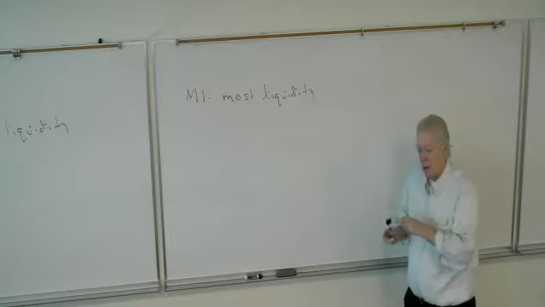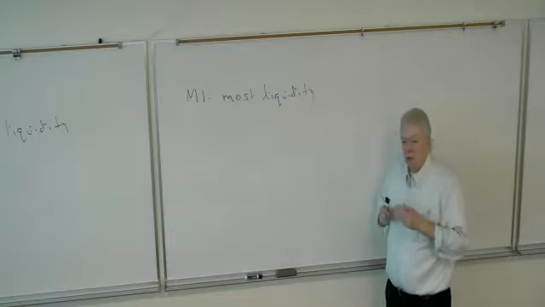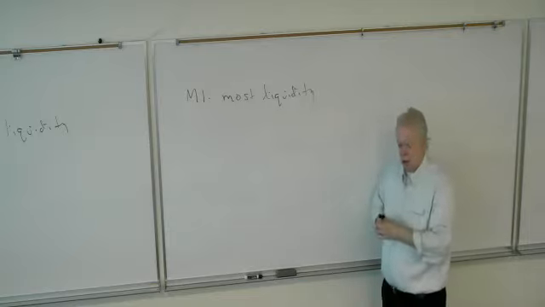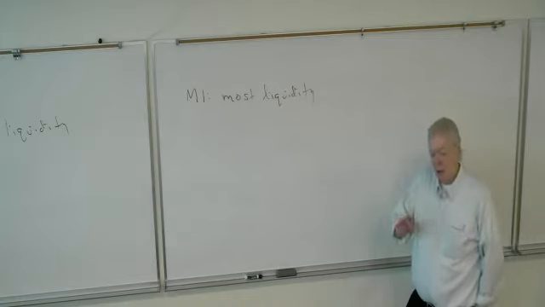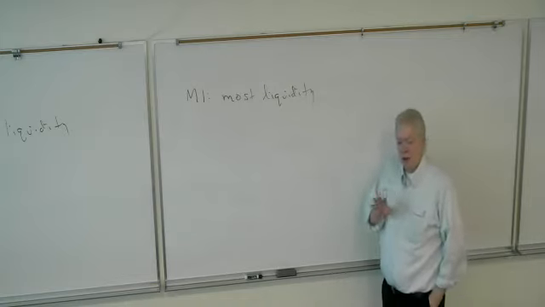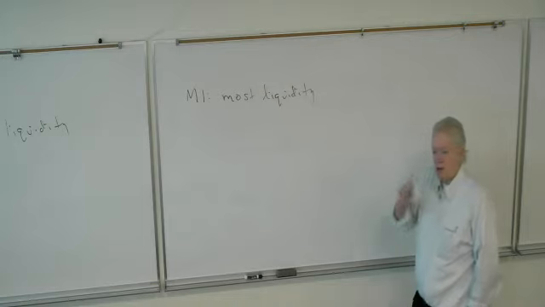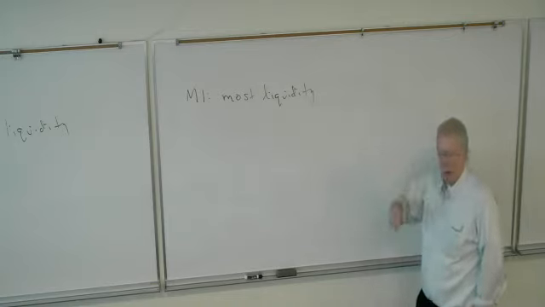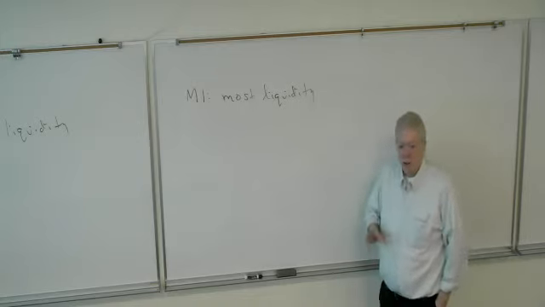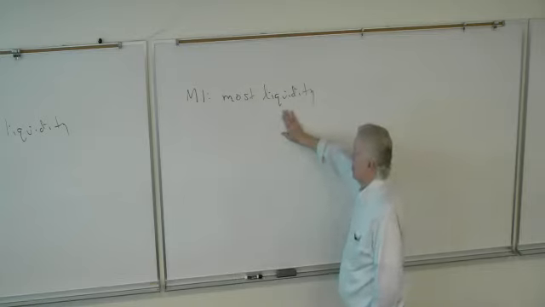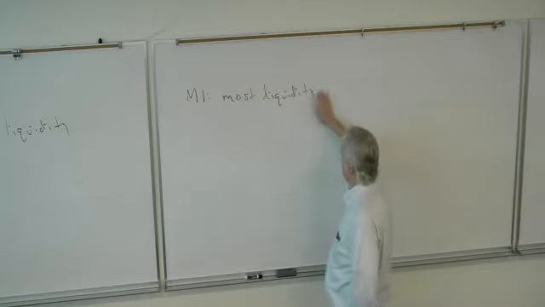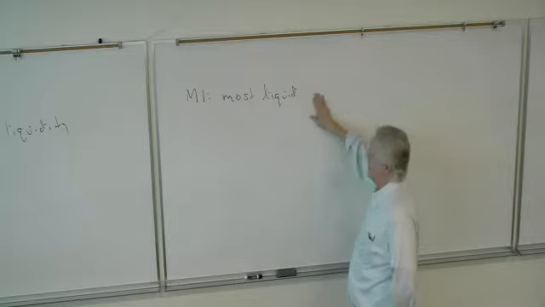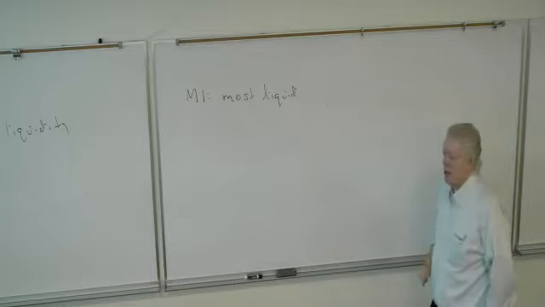And I'm not talking about a debit card, I'm talking about a credit card like a MasterCard or Visa. I know they have the same labels on debit cards, I get that, but we're talking about credit cards. That is brand new money. It's a bank loan to you to buy whatever you're buying on a credit card. So credit cards are not money, but they can create money. They can become M1, and it's the most liquid, so it becomes cash right away.